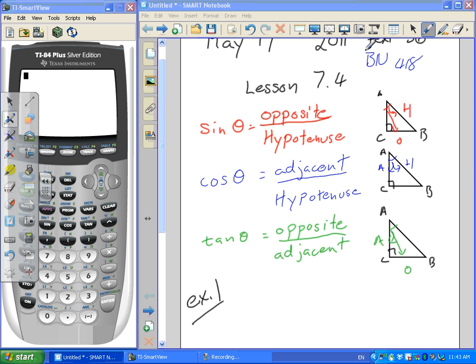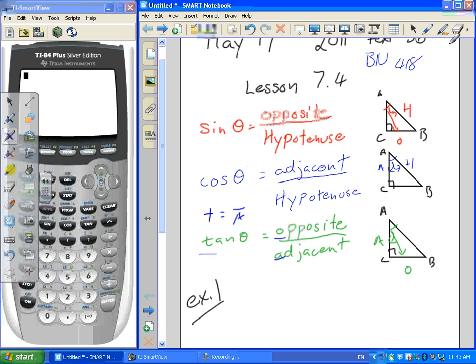It starts with the letter S. Opposite starts with O. Hypotenuse starts with H. So, one way people talk about it is they call it SOH. It can be written like this almost, as a quick way to remember it. Cosine starts with C, adjacent A and H. That would be our CAH. And tangent is T-O-A, TOA.